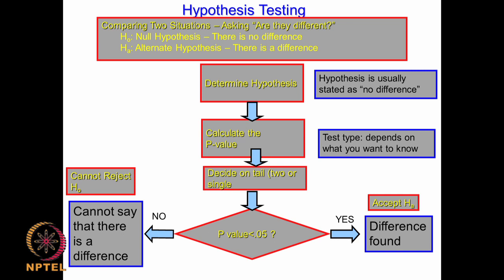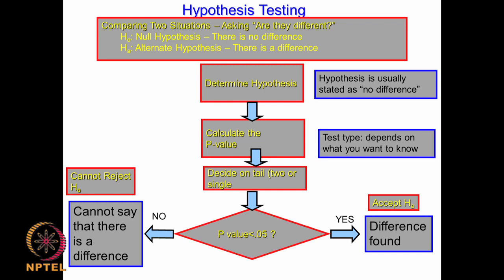If I am comparing the heights of students in class 11A with students in 11B, and I am saying there is no statistical difference in their heights, my null hypothesis H0 is that there is no difference in the heights, and HA is that there is a difference in the height.